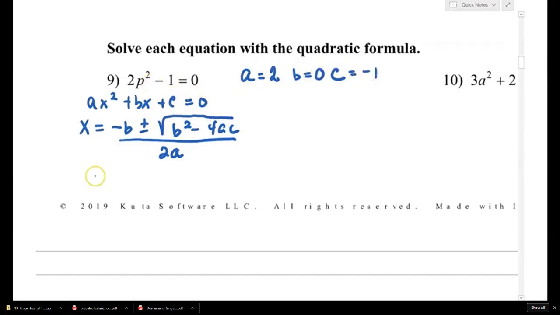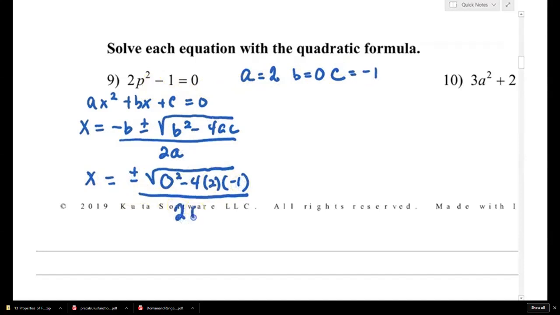So all you have to do now is substitute. So you have x equals plus or minus the square root of 0 squared minus 4 times a times c, divided by 2 times 2. So 0 squared is gone. We have plus or minus the square root.